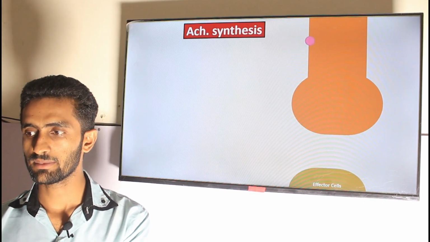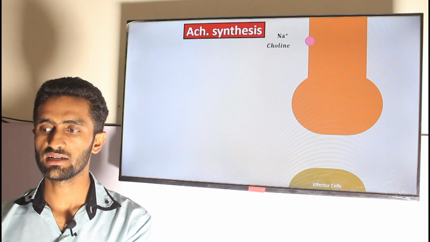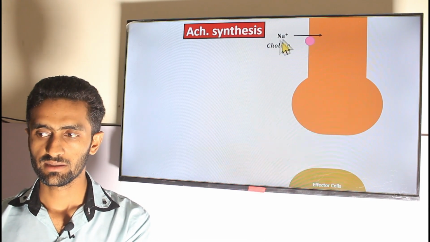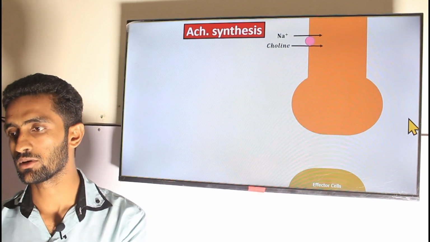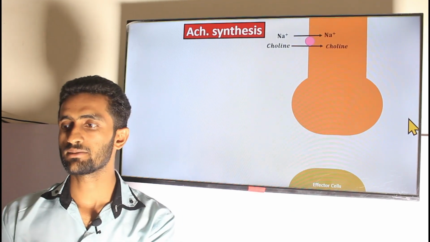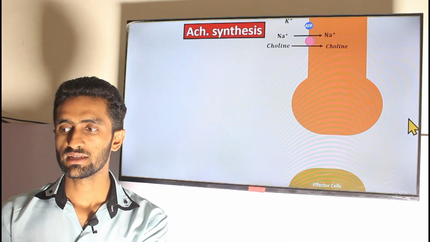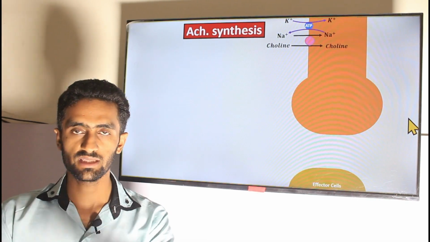Presynaptically, there is a transporter which takes up choline with sodium, a choline-sodium symporter. So they enter, while the sodium is balanced by your ATP system, which throws the sodium out and the potassium in. In this way the sodium is balanced.